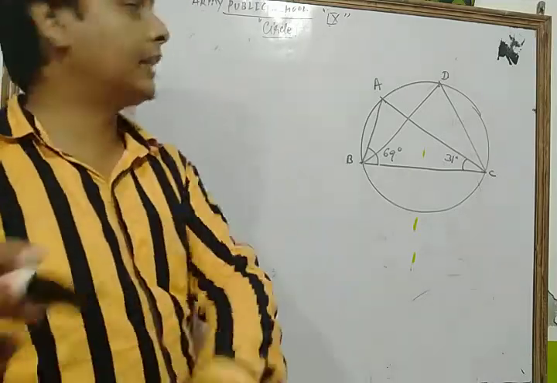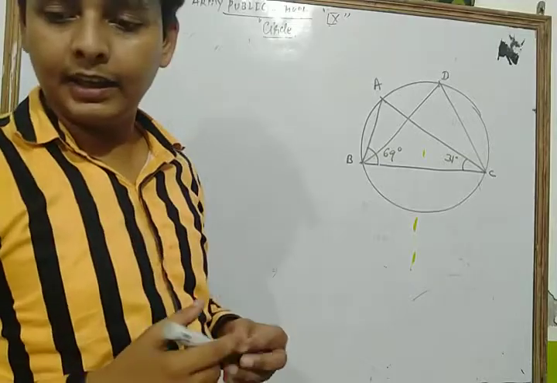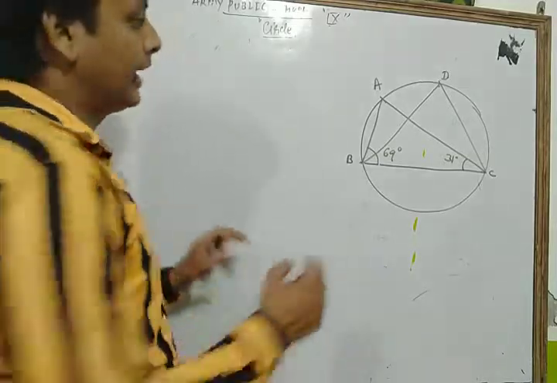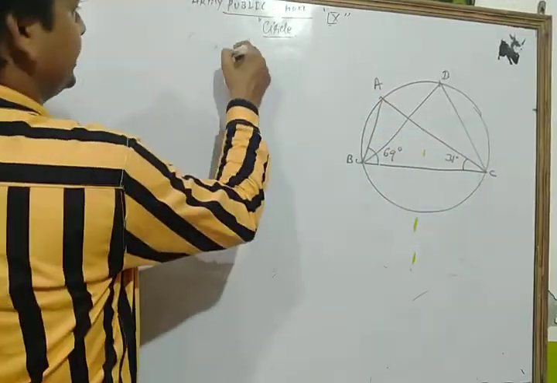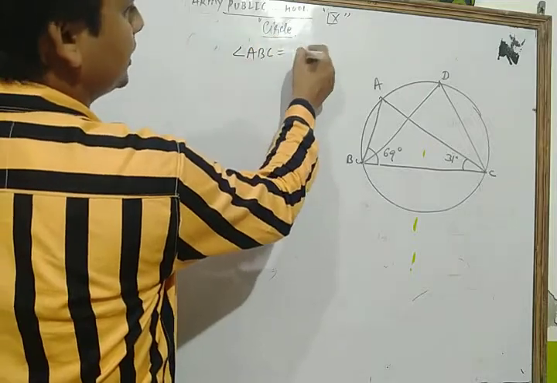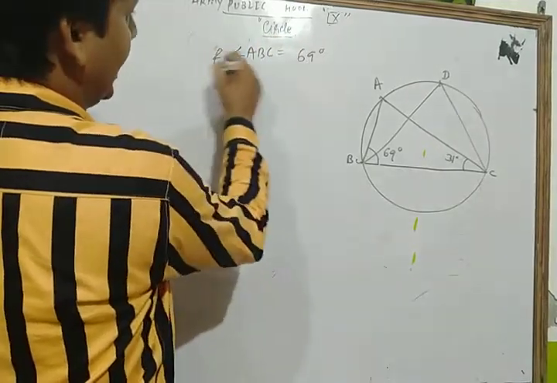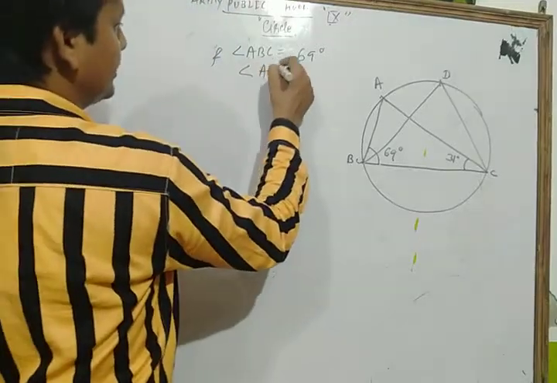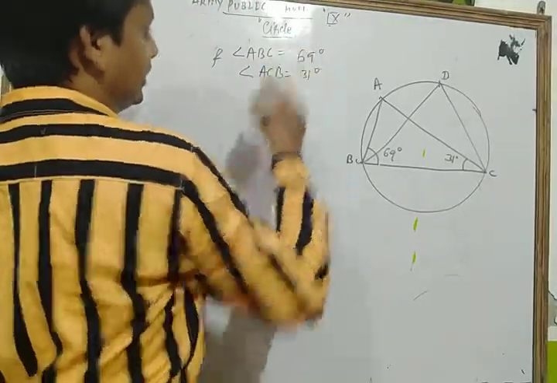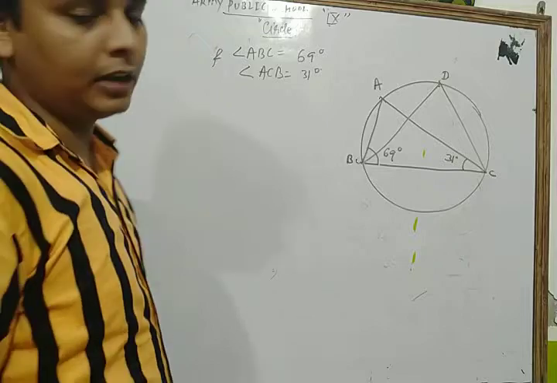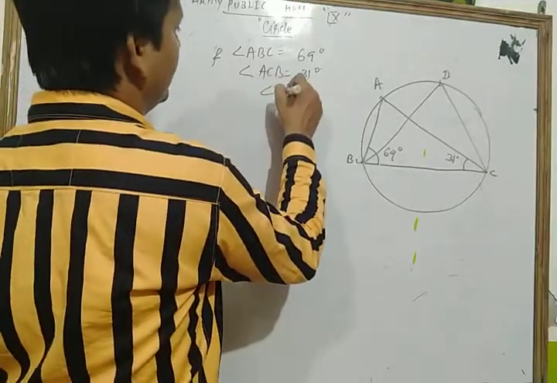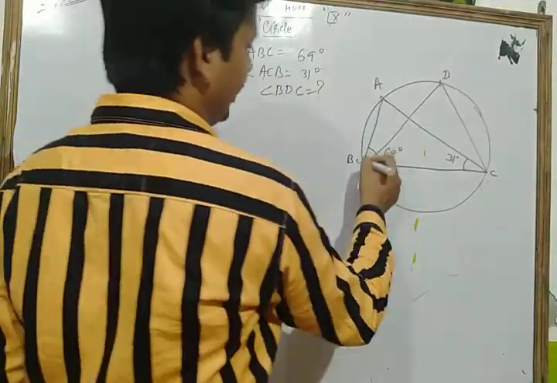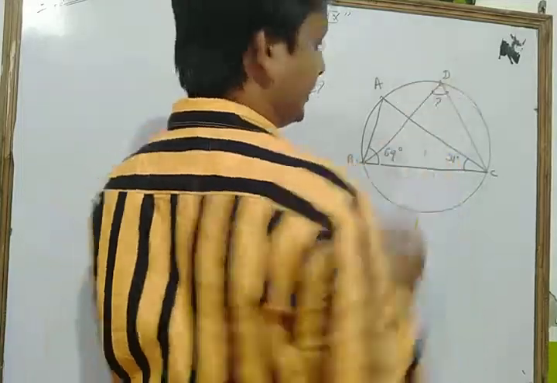So dear students, in the given figure, it is given that angle ABC is 69 degrees and angle ACB is 31 degrees. We find angle BDC. That angle is to be found here.